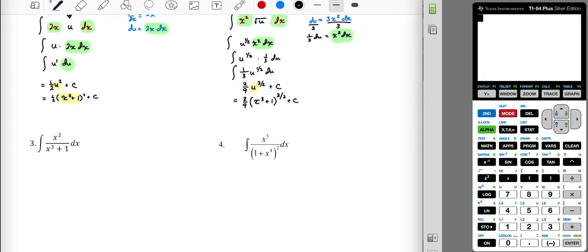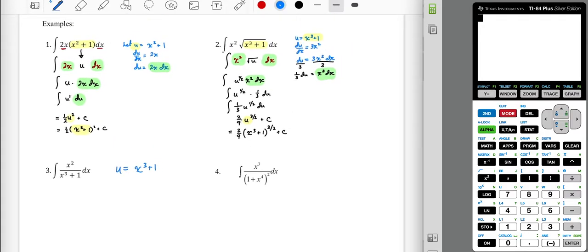So looking at number 3, hopefully it should seem to get a little easier if I let u be equal to x cubed plus 1. All right, so it's the same u, and it's actually the same thing to cancel out. All right, so actually I'm gonna undo that, and I'm gonna get a little crazy here.